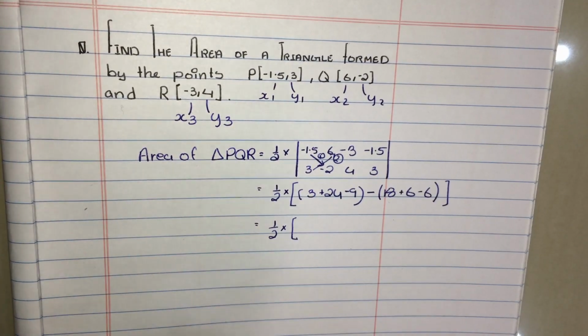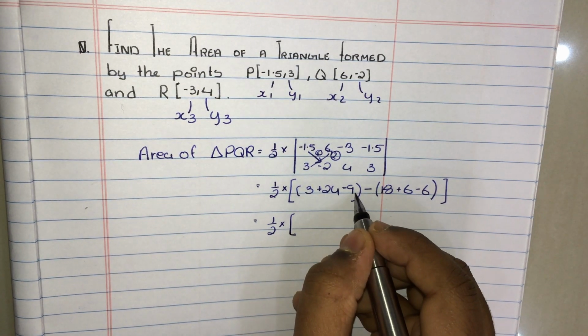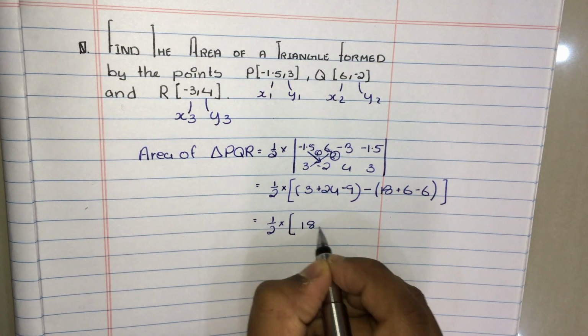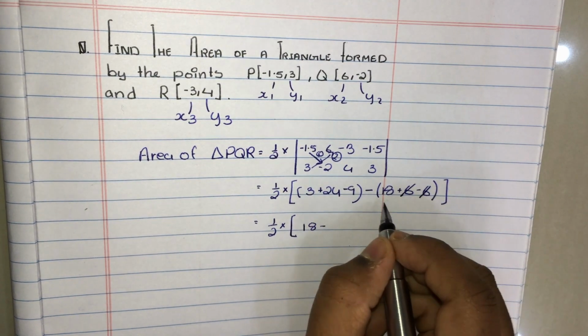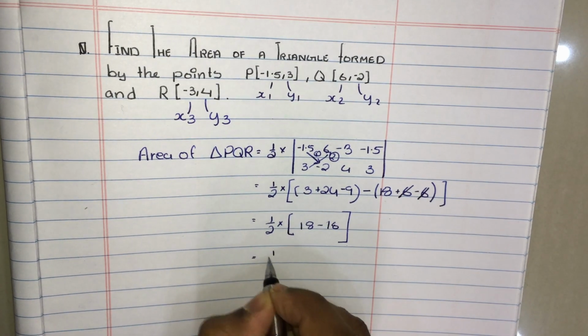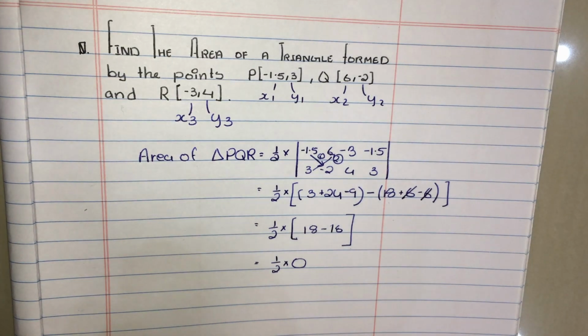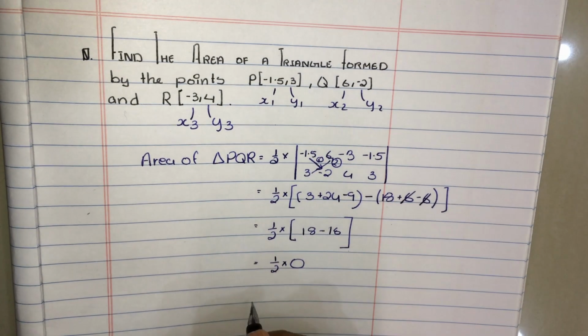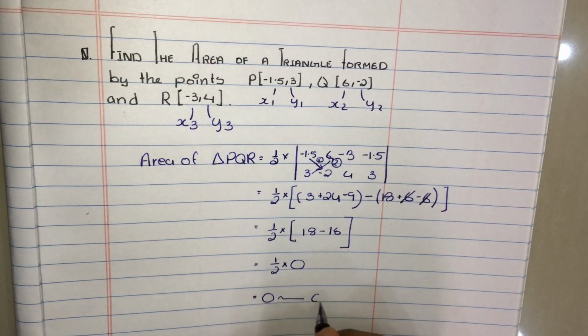Now half into bracket 3 plus 24 minus 9, which is 18, minus 18 plus 6 and minus 6 will be cancelled, so minus 18. So half into 0. Half into any number, or 0 into any number, is always 0. So the points are collinear.